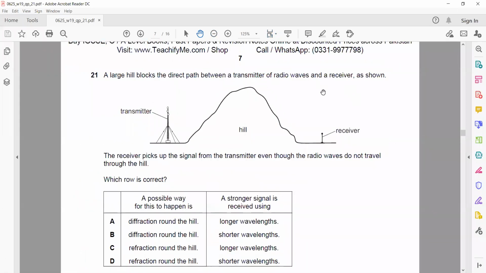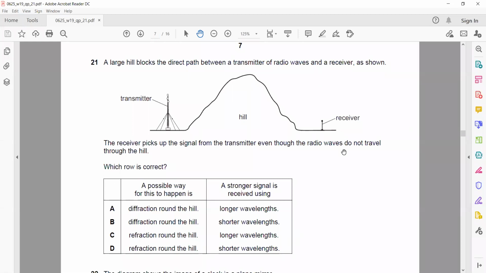A large hill blocks the direct path of the radio waves between the transmitter and receiver as shown. The receiver picks up a signal from the transmitter even though the radio waves do not travel through the hill. How, and which row is correctly described?